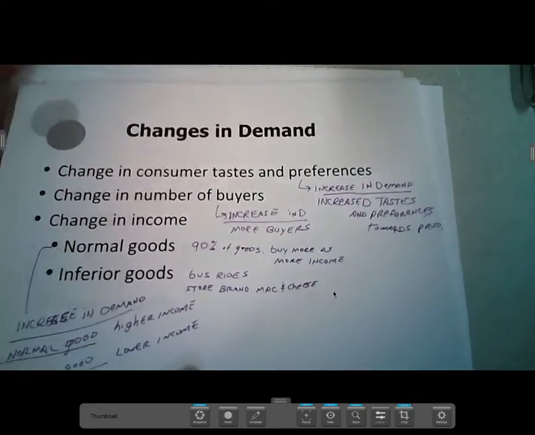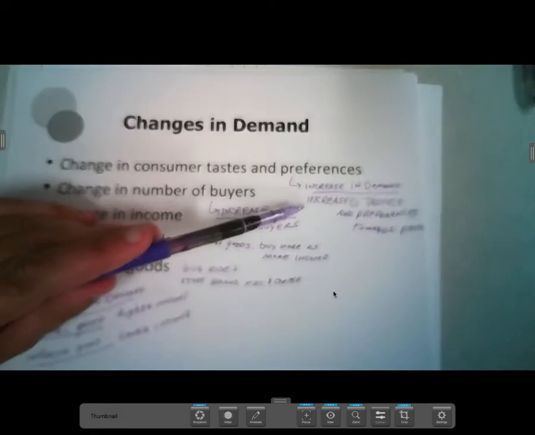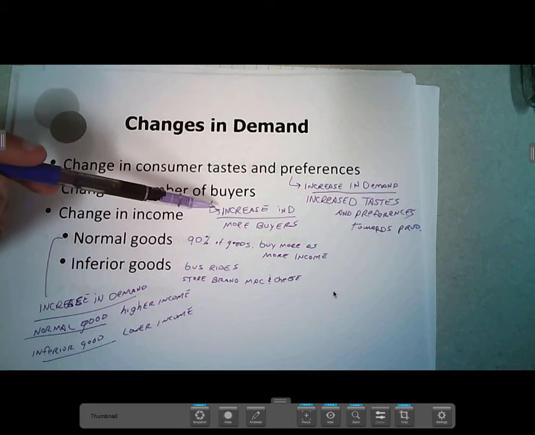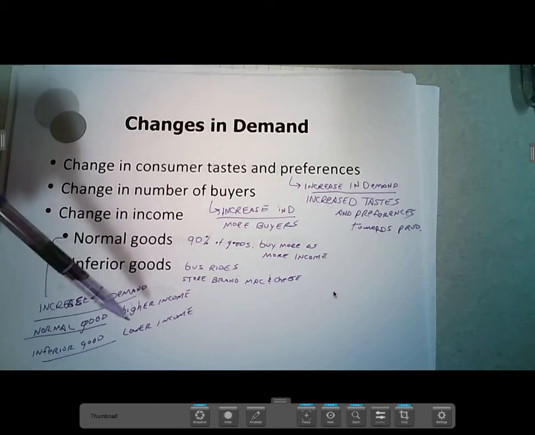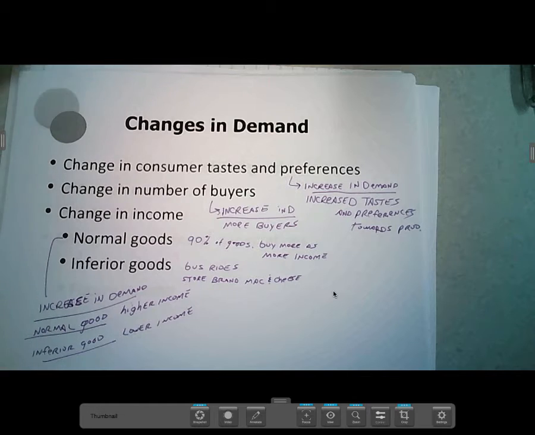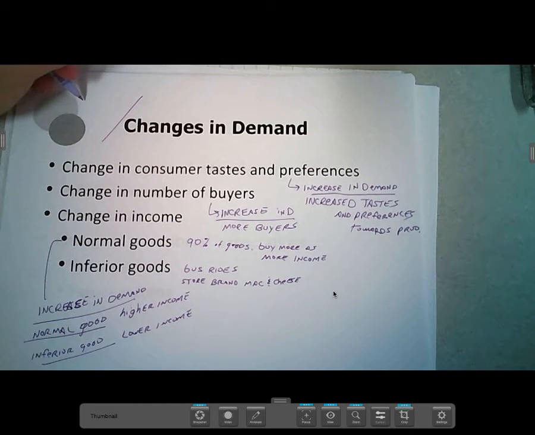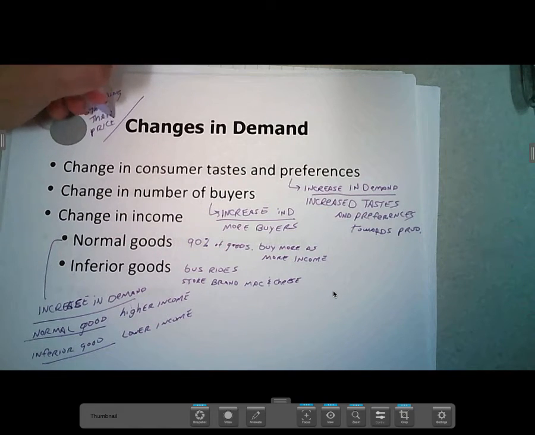I would have to do one of these things. Give people a greater taste and preferences for the good. Have more buyers exist. Have higher income if it was a normal good. Lower income if it was an inferior good. So again, changes in demand is saying something other than the price is changing.